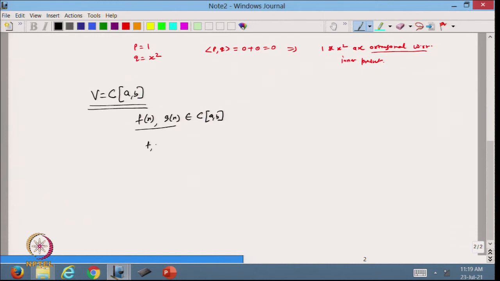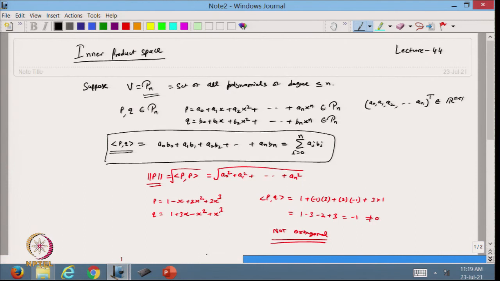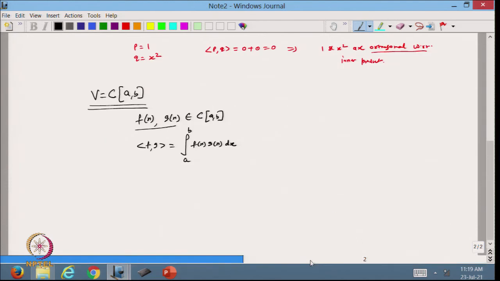Now, I want to define the inner product. For this we take the inner product as the integral from a to b of f(x) g(x) dx. This integration is coming from the dot product, because the dot product is defined on discrete vectors, and when we take functions, the dot product changes into the integral.